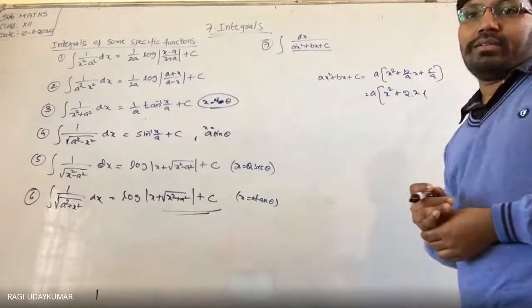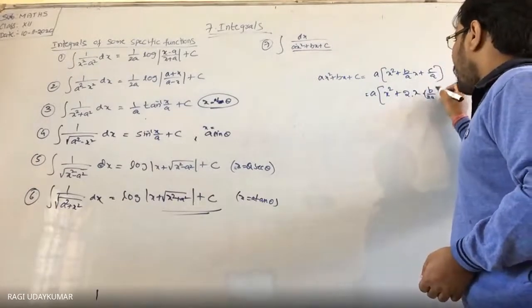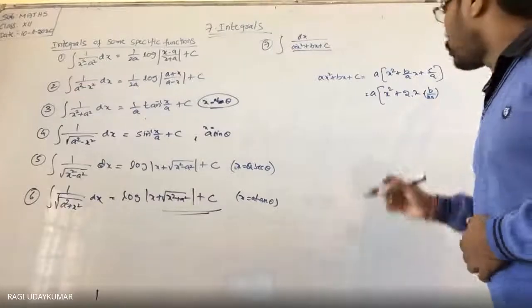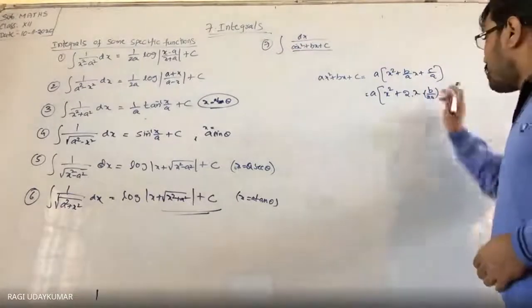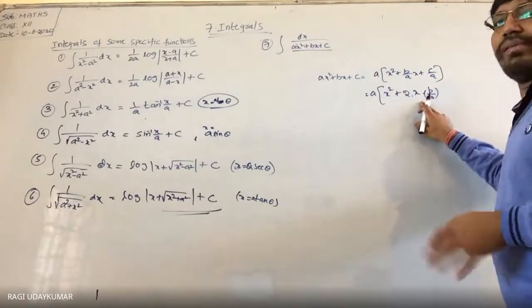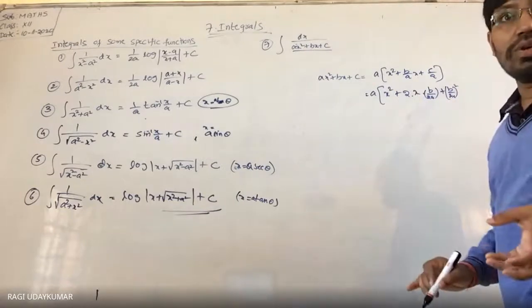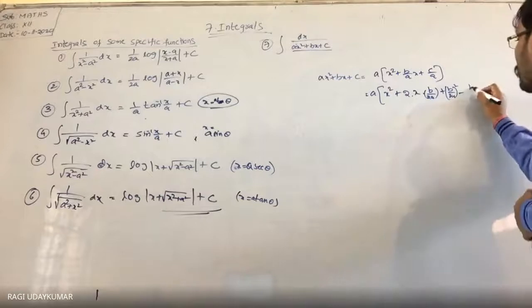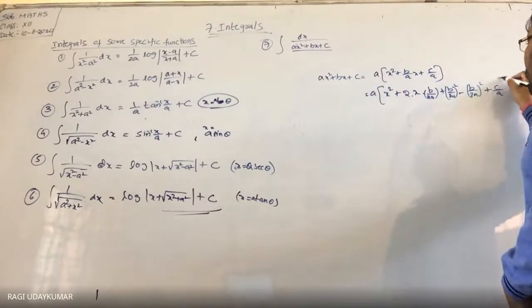So if you take b by 2a, the 2 will get cancelled, giving b by a x. Then b by 2a squared is a square plus 2ab plus b square form. So I am adding b by 2a whole square, subtracting b by 2a whole square, and writing plus c by a as it is.